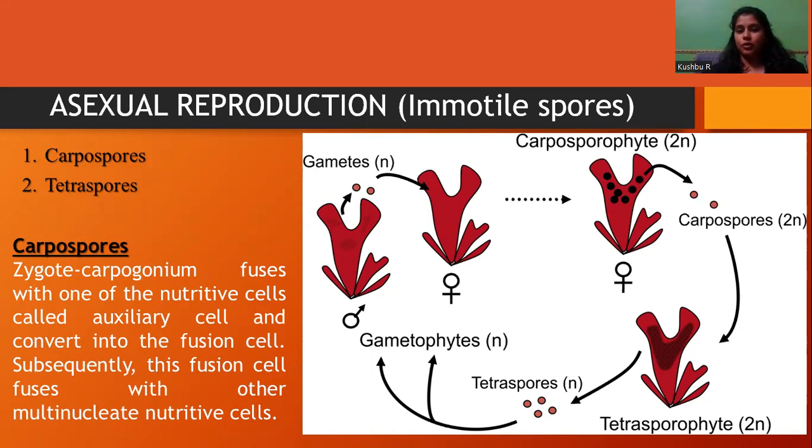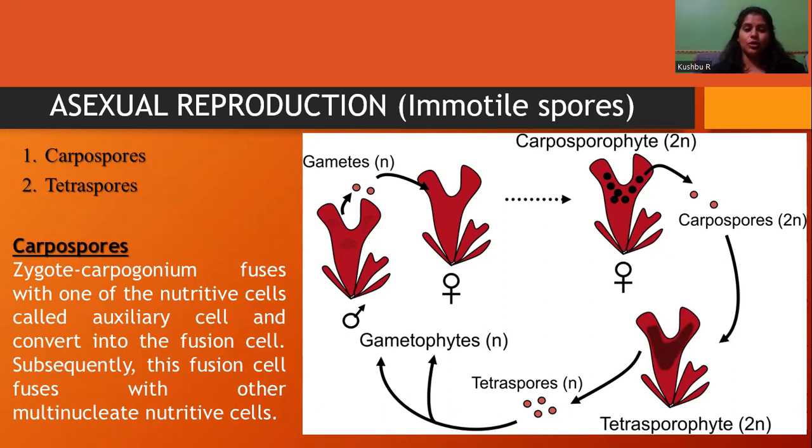As the fusion of it, there is a production of carposporophyte. These carposporophytes will now give rise to carpospores. These carpospores, on onset of favorable conditions, falling onto a suitable substrate, become tetrasporophytic in nature. These tetrasporophytes will now produce tetraspores, where two will become male and two will become female.